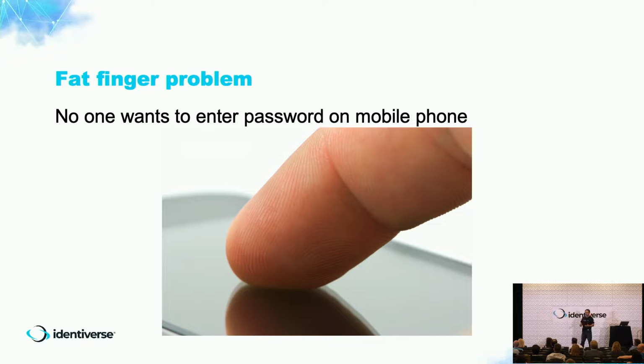So I have to enter passwords on a mobile phone. The fat finger problem is still a problem. Even on iPhone 13, my finger is still too fat for it. Traditionally, when we started the mobile journey, there were a lot of restrictions on password strength, mainly coming from the enterprise market. You have to have 100 characters, numbers, digits, special characters, all that.